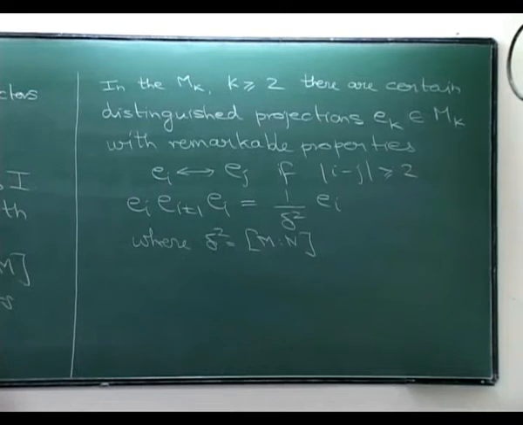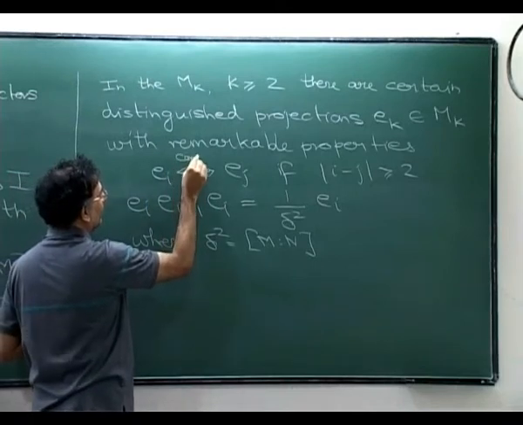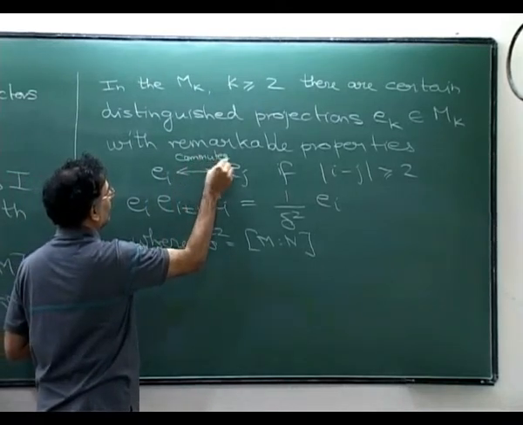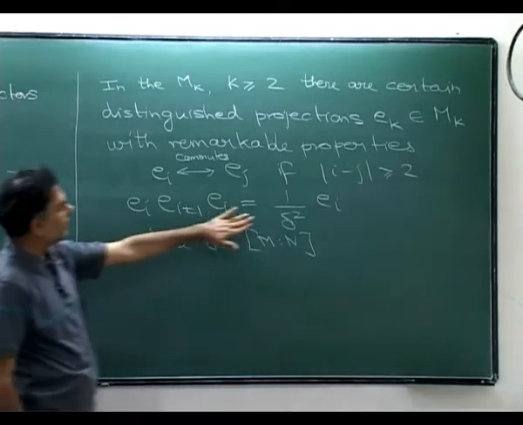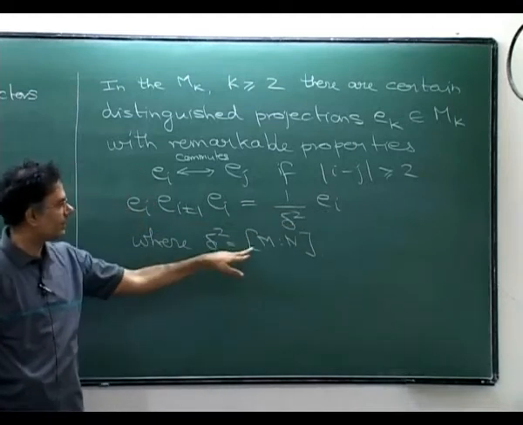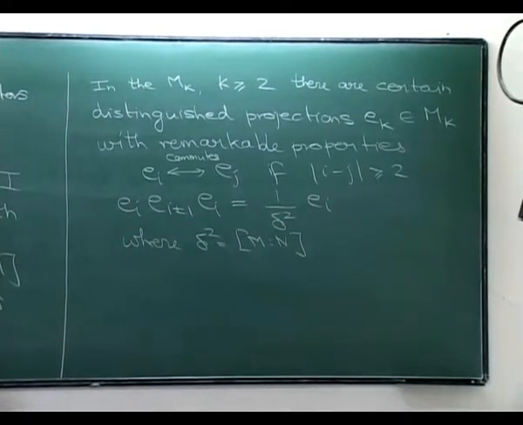So this double arrow notation means commutes with. Ei and Ej commute if i and j are apart, and if i and j are successive nearby ones, then they satisfy the relation Ei plus minus 1 Ei is 1 over delta squared Ei, where delta squared is the index of this subfactor. So that's some positive number. I'll call that delta squared.